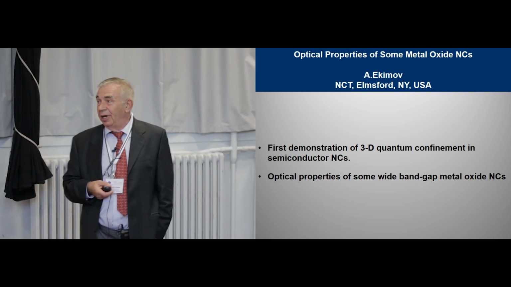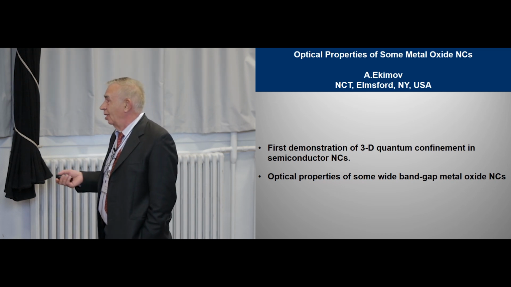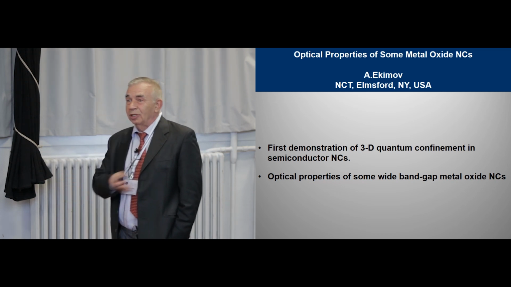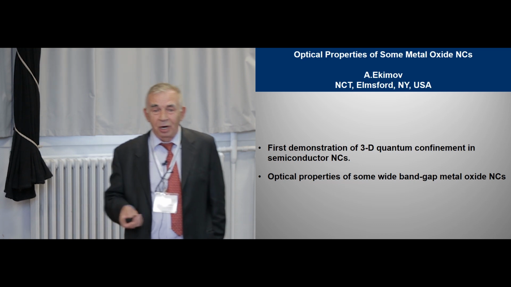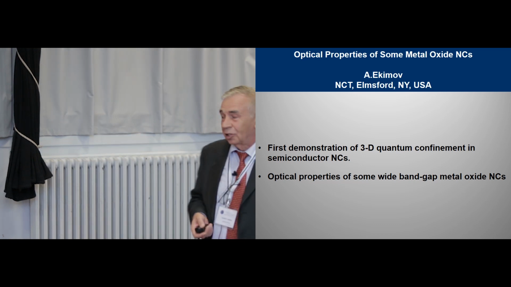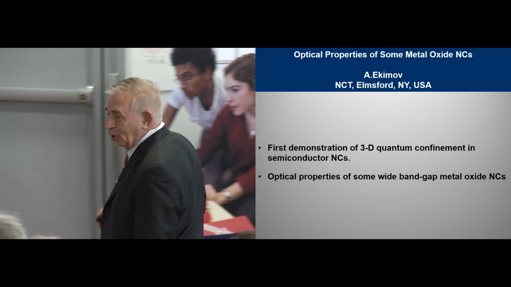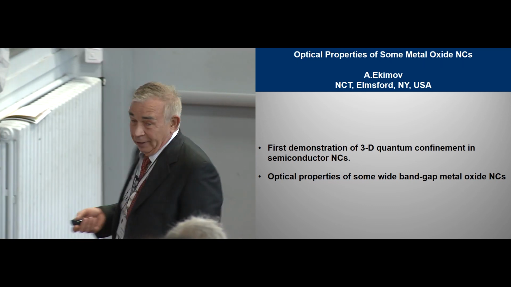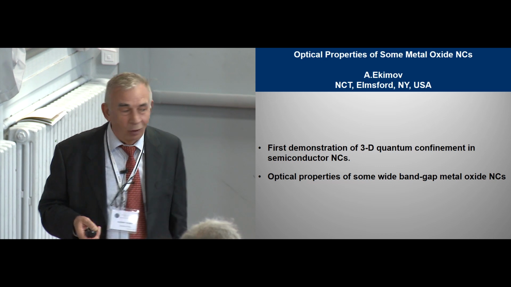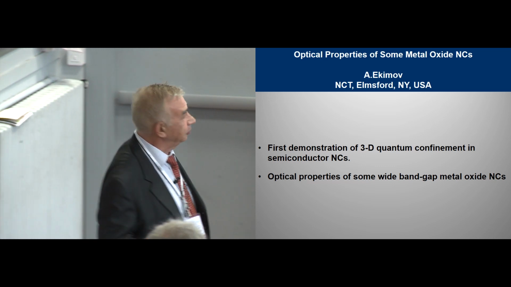Certainly there are no confinement effects, or at least we don't know, because it is out of the spectral range of our equipment. So we will speak about some classical properties of these materials, like refractive index or magnetism, etc.